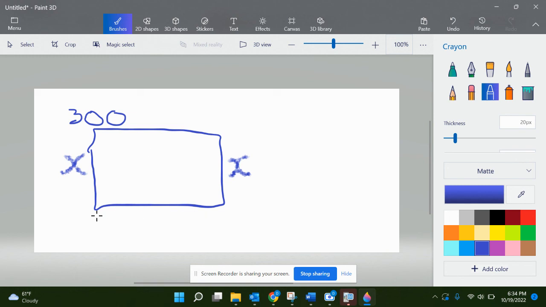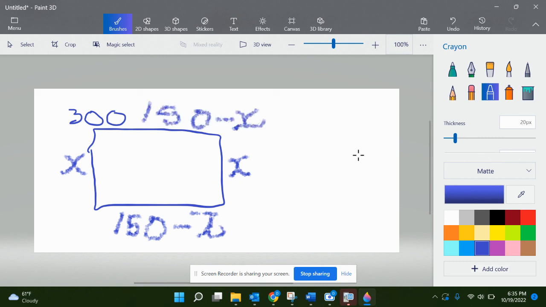So I can't just say 300 minus 2x on the bottom. I'm going to say half of this distance minus an x here. And then for the top, I'm going to say half of this distance and minus an x here. Okay. So I'm going to say 150 minus x on the bottom. Okay. And 150 minus x on the top.